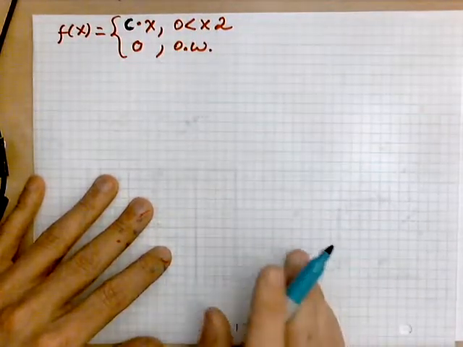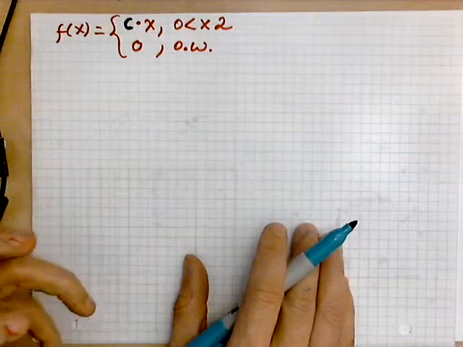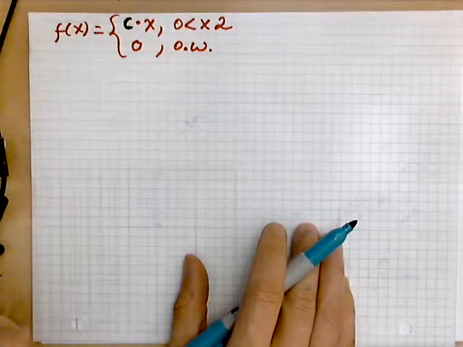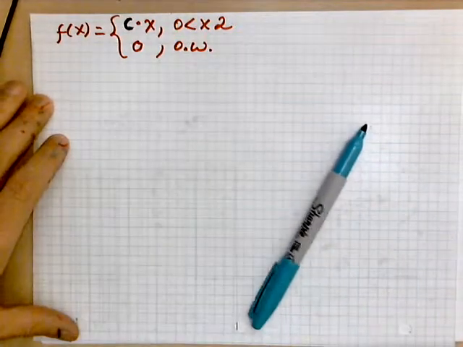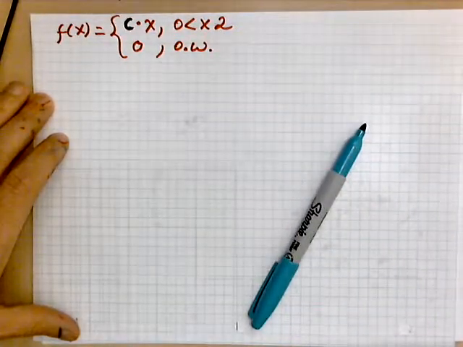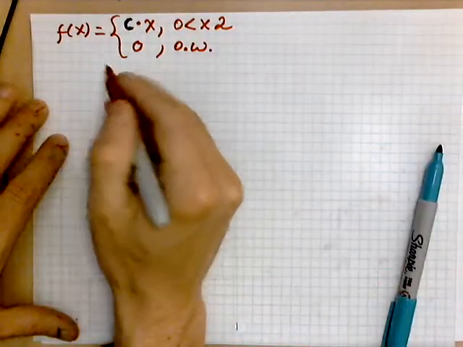Well, we apply one of the fundamental concepts of a continuous probability density function, which is the following: the area, the integral, if you like, under the PDF has to be 1.